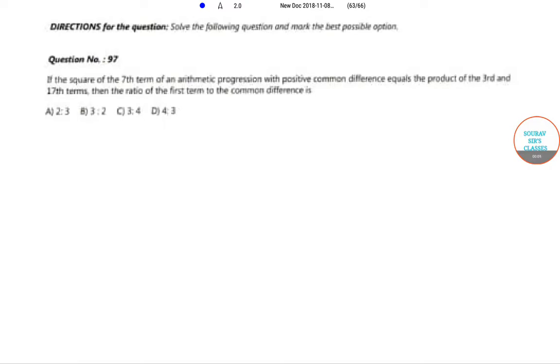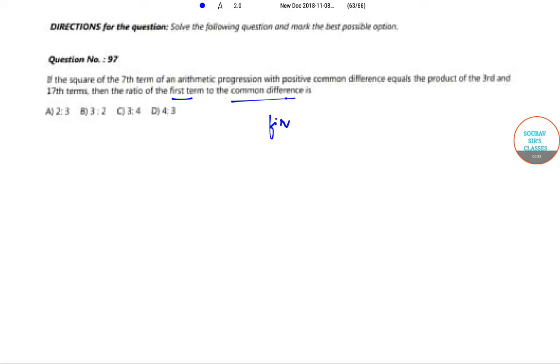The question is, if the square of the 7th term of an arithmetic progression with positive common difference equals the product of the 3rd and 17th terms, then the ratio of the first term to the common difference is.